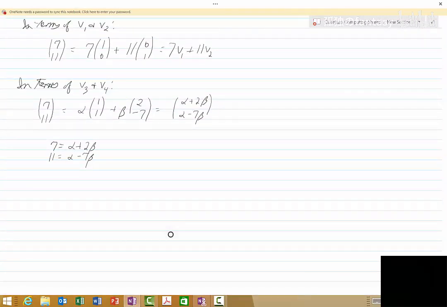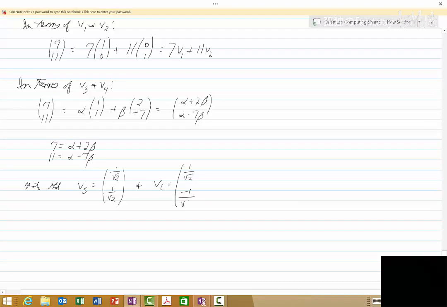So let's look at one more example. Note that V5, which is equal to 1 over square root of 2, 1 over square root of 2, and V6, which is equal to 1 over square root of 2, minus 1 over square root of 2, is another basis.